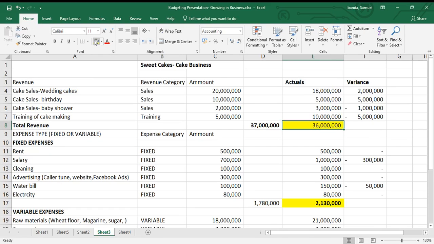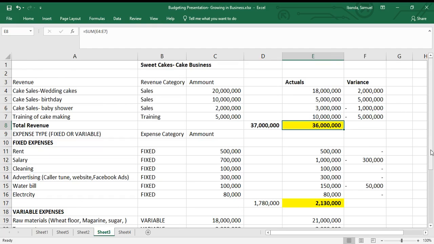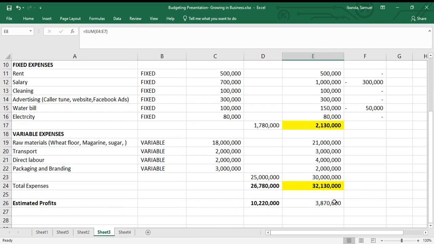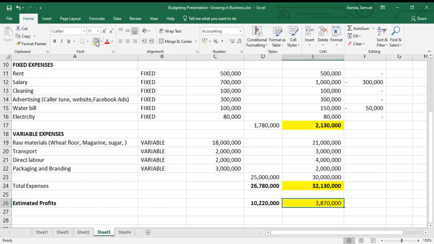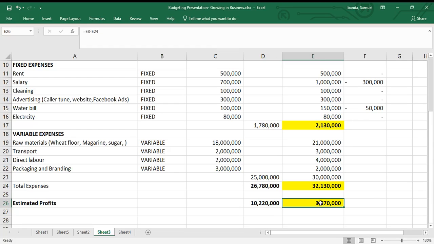This is actually 36 million. So this gives me an actual profit of 3,870,000, okay? So as you can see, your budget was 10 million, but you've actually gotten a profit of 3,870,000.